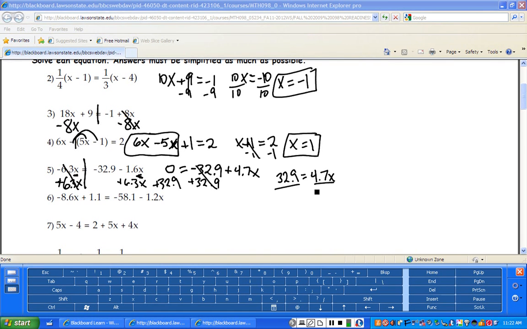Divide both sides by the 4.7. Okay, so I have 32.9 divided by 4.7. That gives me 7. So I'm left with x equals 7. Alright, so that would be the answer to problem number 5.